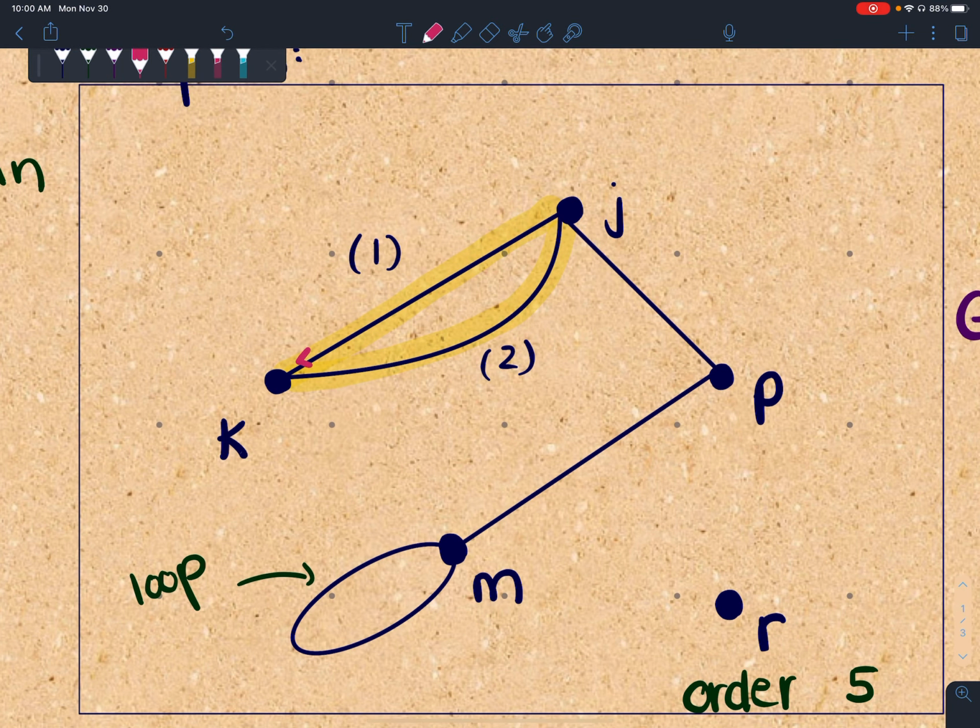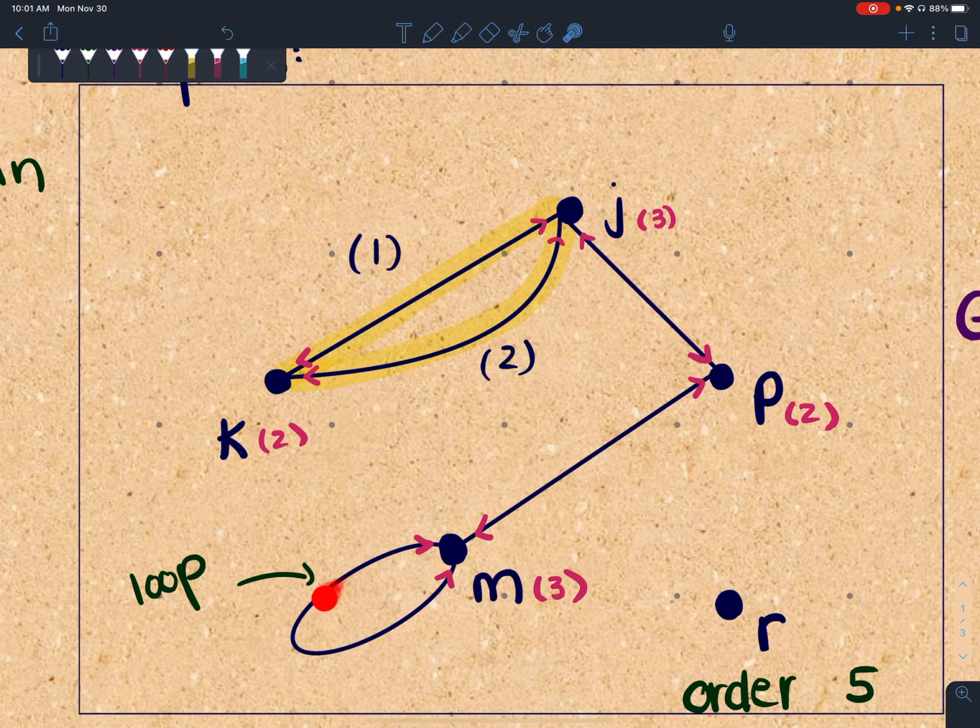K has 2 edges leading into it, has a degree of 2. J has 1, 2, 3 edges leading into it, so it has a degree of 3. P has 2 edges leading into it, has a degree of 2. And M has a degree of 1, 2, 3. It has 3 edges leading into it.